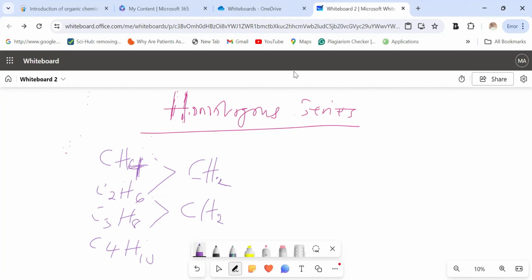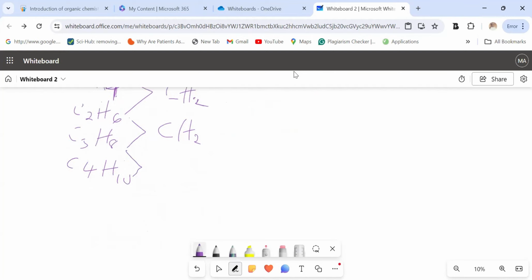And of course, if you also take this one, you will obtain the same thing. C4 minus C3, we have C. Then H10 minus H8, we have H2, so CH2.